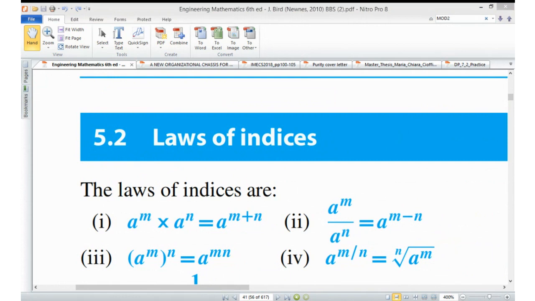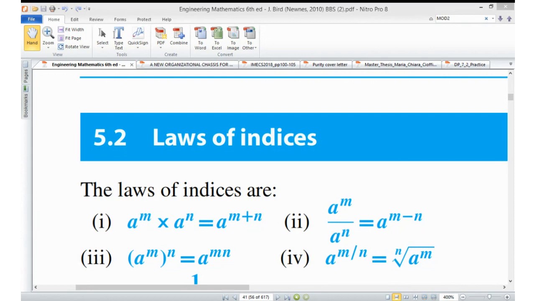Rule 3 is called expansion of powers. So it means if a number is raised to a specific power, and then the whole expression again is raised to another power, then we can re-express these two as a multiplication.